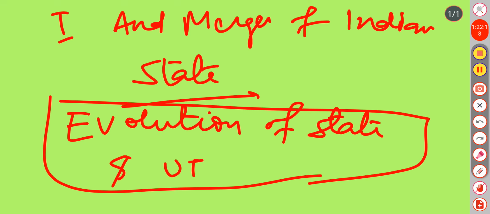Now by the States Reorganization Act 1956 and the 7th Constitutional Amendment Act, the distinctions between states were abolished, and some of them were merged with adjacent states and some others were designated as Union Territories. As a result, 14 states and 6 Union Territories were created on November 1, 1956.